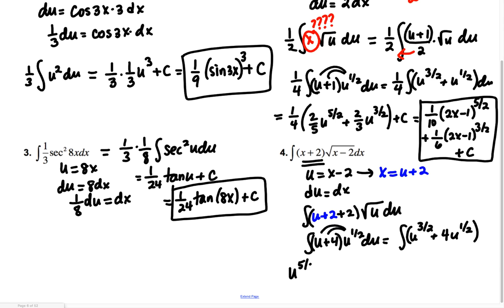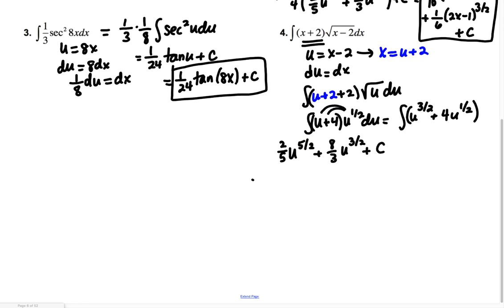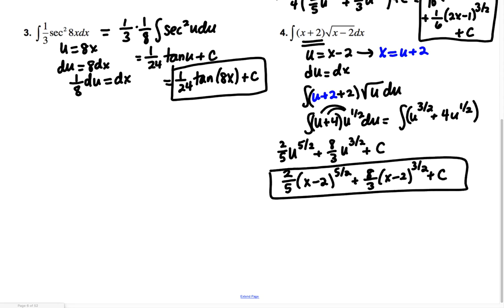So we have u to the 5/2 with a 2/5 out front, plus u to the 3/2 with a 2/3 times 4, which becomes 8/3 out front, plus c. So our final answer is 2/5 (x minus 2) to the 5/2 plus 8/3 (x minus 2) to the 3/2 plus c. That was intense.